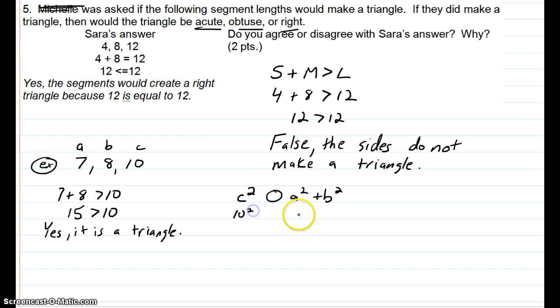So 10 squared compared to 7 squared plus 8 squared. So we have 100 compared to 49 plus 64, and so we get 100 compared to 113. Since 100 is less than 113, that would make this an acute triangle.